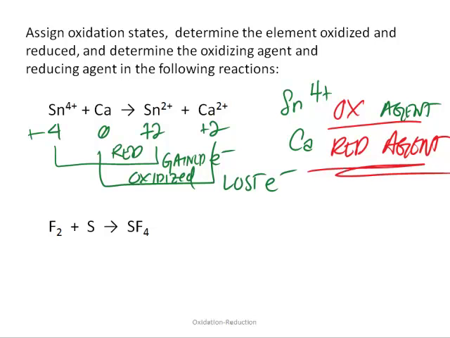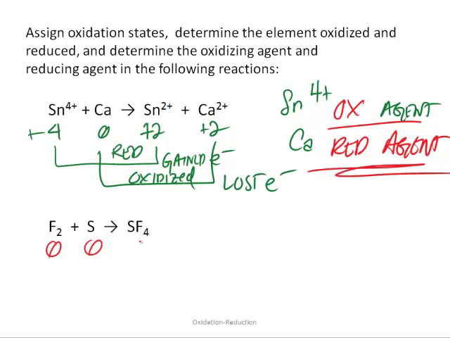Okay, another short little example, but we're going to now need to use that table. If we try to figure this out, fluorine by itself is a 0, sulfur by itself is a 0, and now we have sulfur tetrafluoride. We can use some of our information.